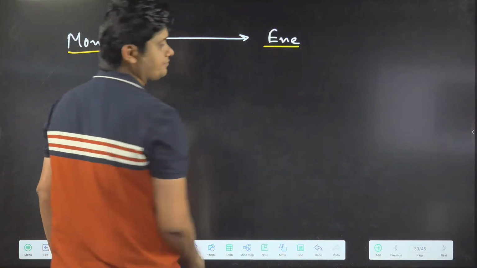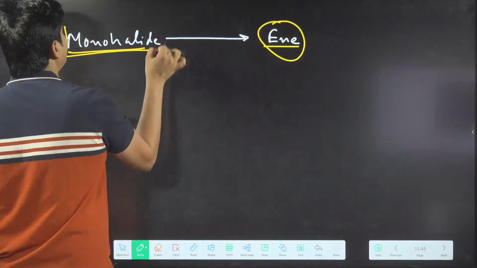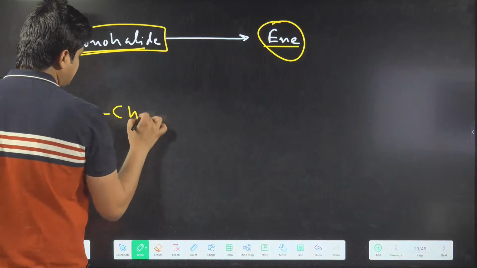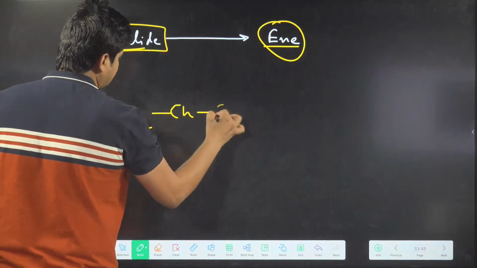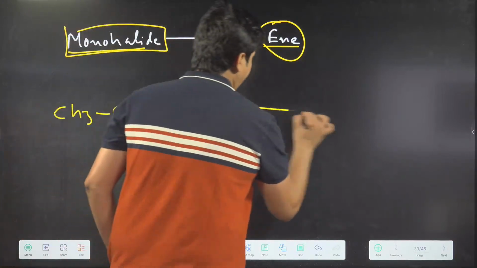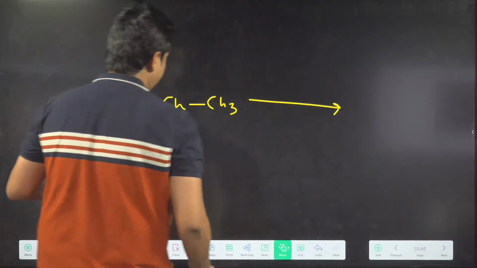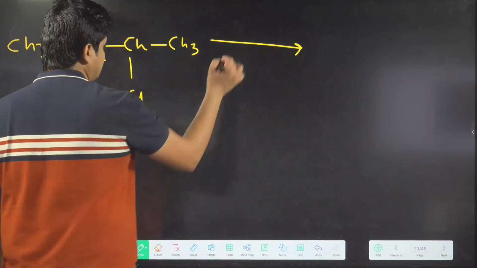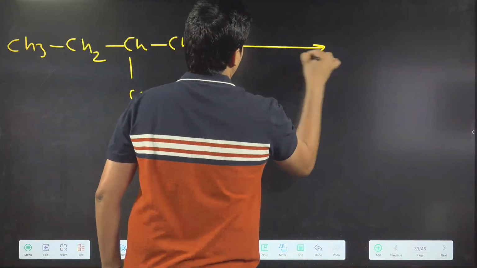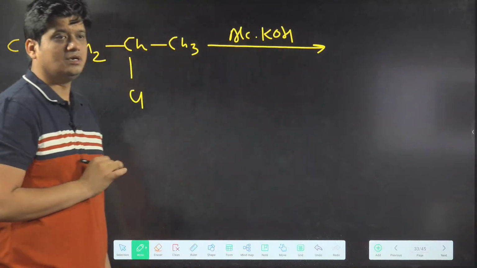Monohalide to ene means we have to prepare alkene from monohalide. For example, I am going to take CH3CH2CHCH3Cl. This monohalide is there. Now this monohalide is treated with alcoholic NaOH or KOH.